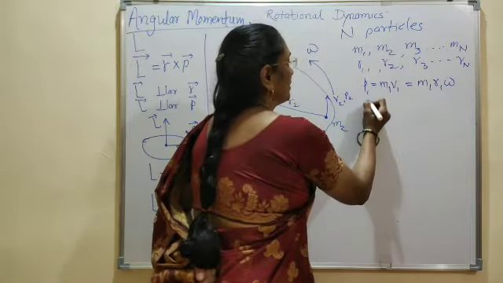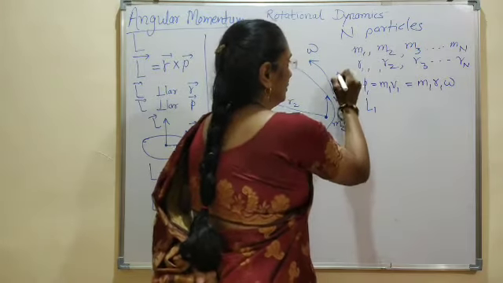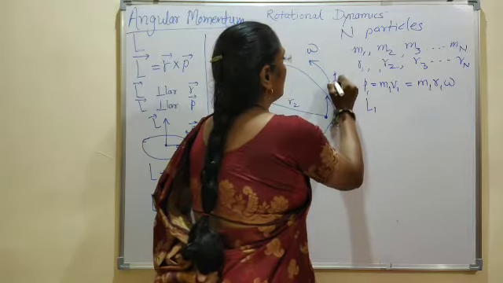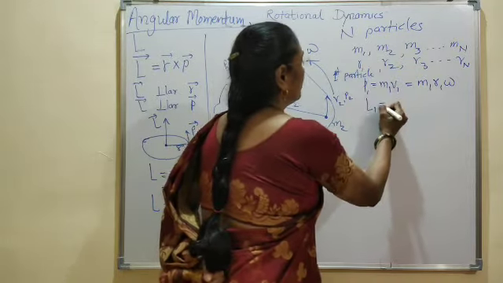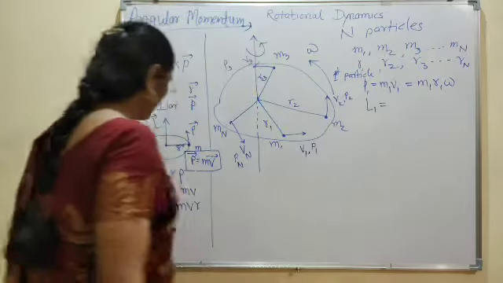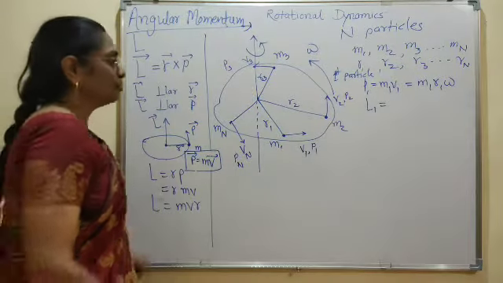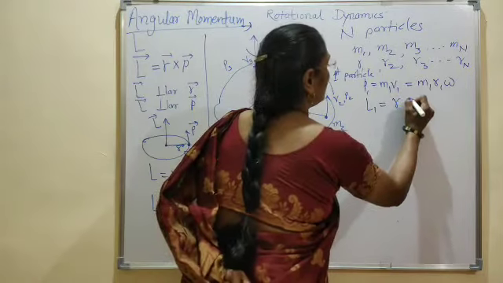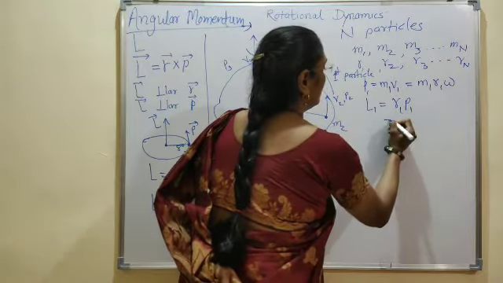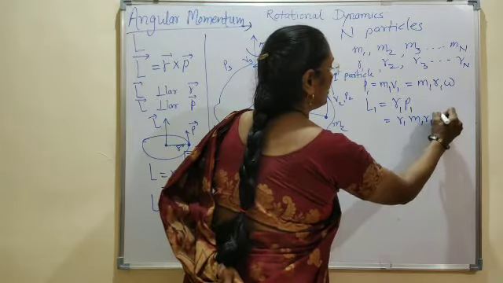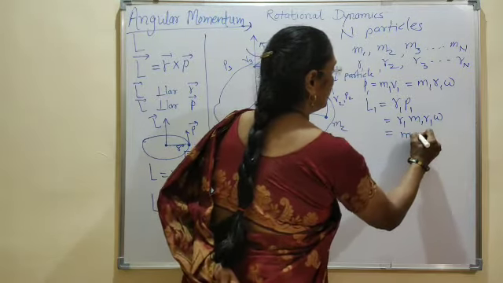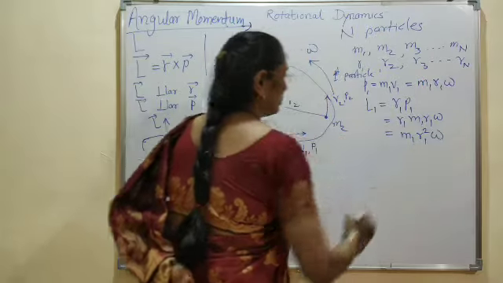Now for the first particle we write L1. L1 is equal to r into p, which is r1 p1, which is r1 into m1 r1 omega. So we get m1 r1 square omega.